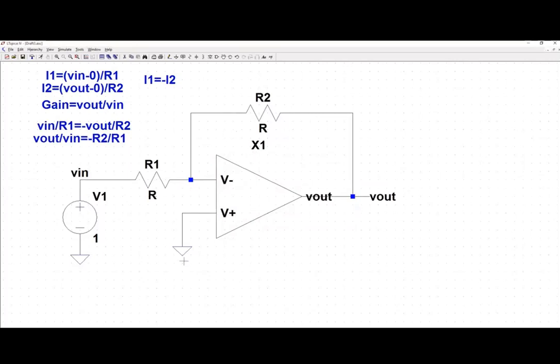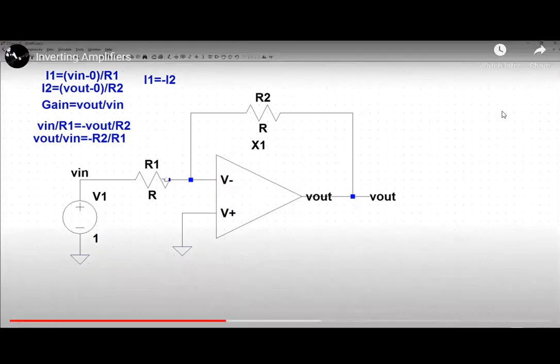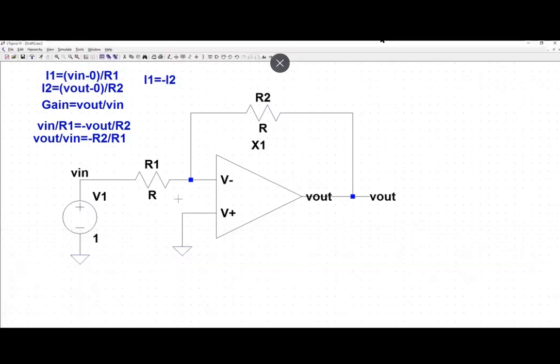So let's sim it. We first need to put some values here, and this is what's pretty cool about LTspice. Let's say you're doing a homework problem and they only give you one value for R1, and you have to compute this value. You actually don't have to do the math, which would be a simple division, but you can set this up as a parameter and have it step through until it finds the correct value that you need.